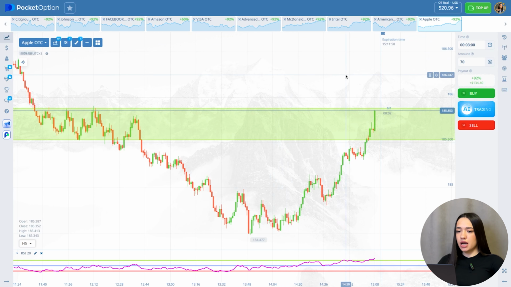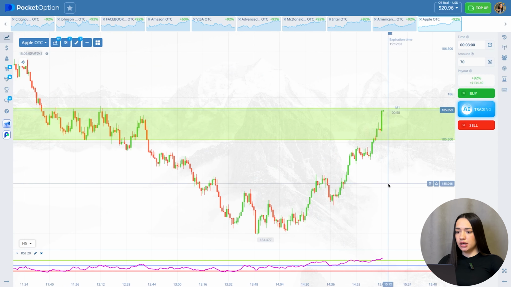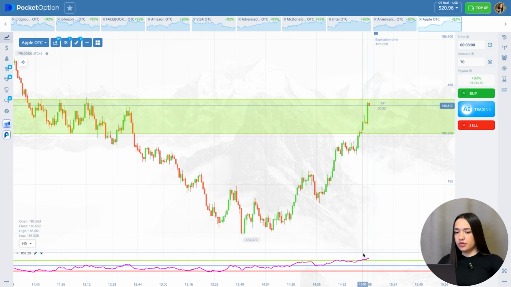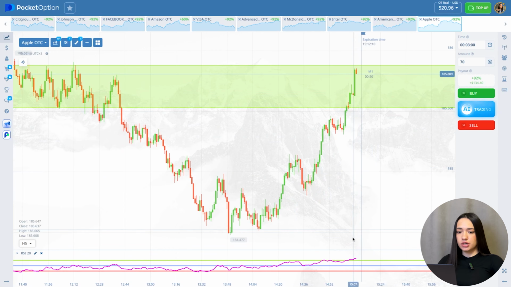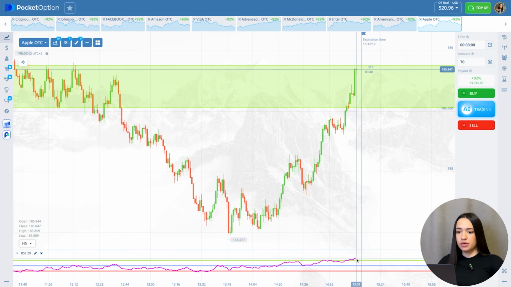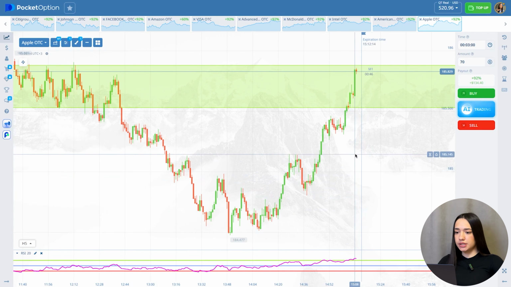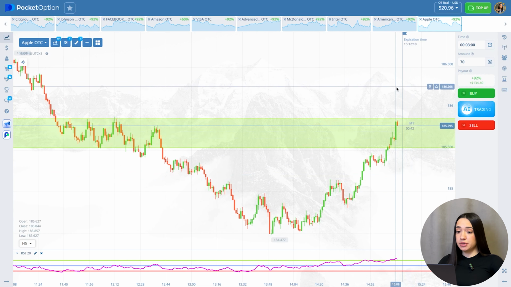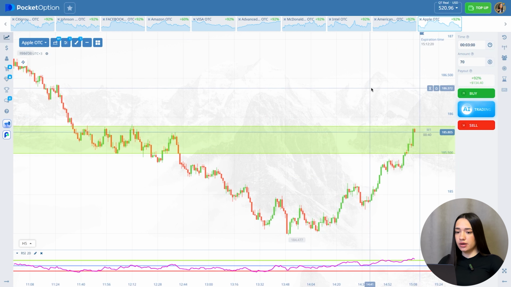Now let's stop at Apple stock here. So there is a potentially good entry point from a level here, and the RSI line has already moved far beyond the overbought area and continues pushing upward, which gives us potential for a sell trade there.